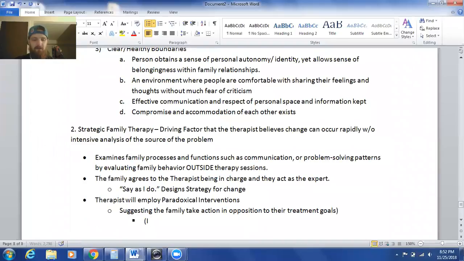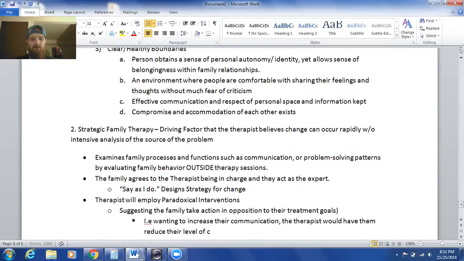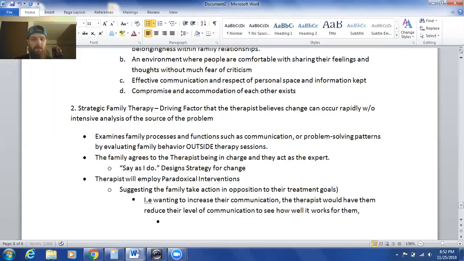So, i.e., wanting to increase their communication, the therapist would have them reduce their level of communication to see how well it works for them.